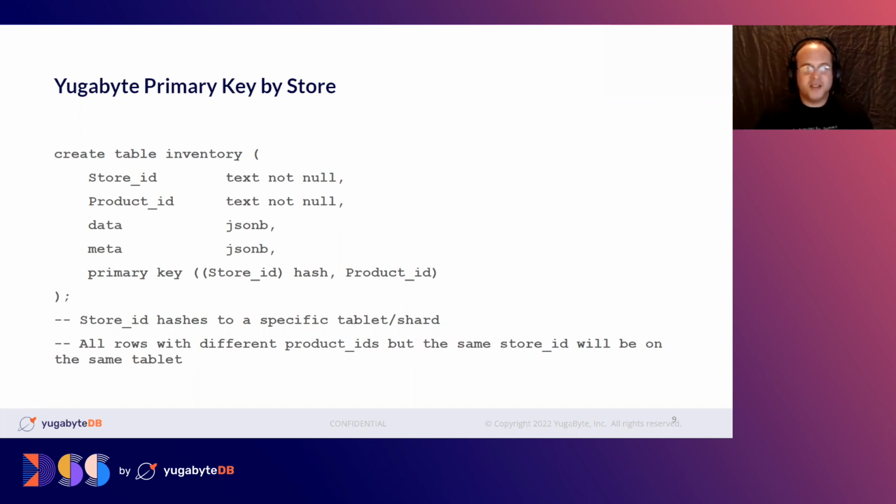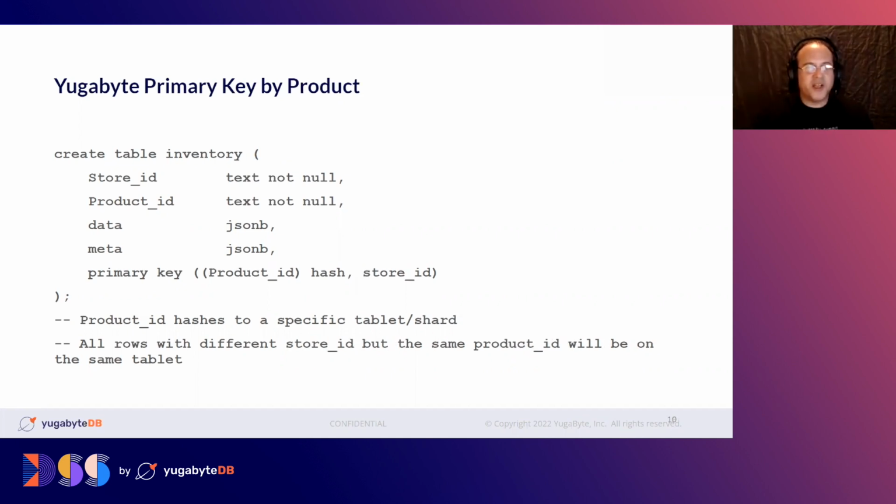And on that node, you'll find all of the products in that store. And then presumably, since you have more than one store, the other stores will be spread around the cluster in a similar arrangement. Now, if you have a low number of stores, this is potentially a hotspot. But if you have 3,000 stores, then this is a good choice and lends well to scalability.